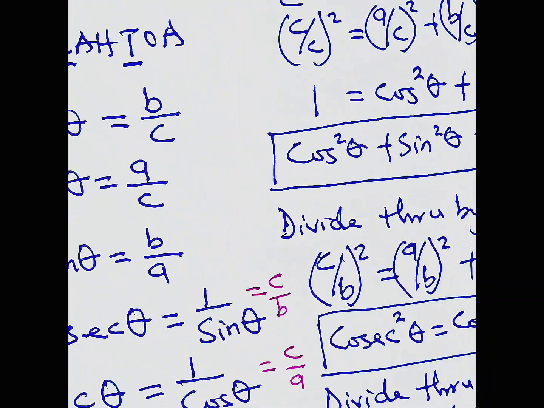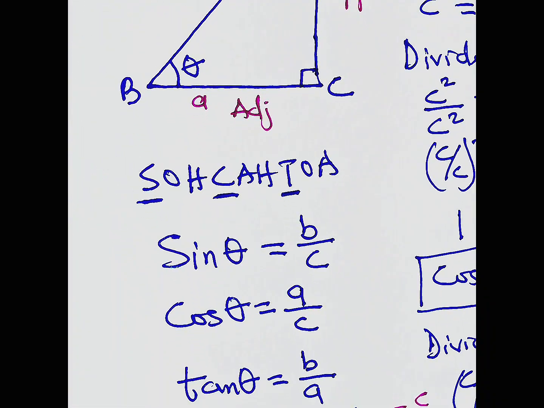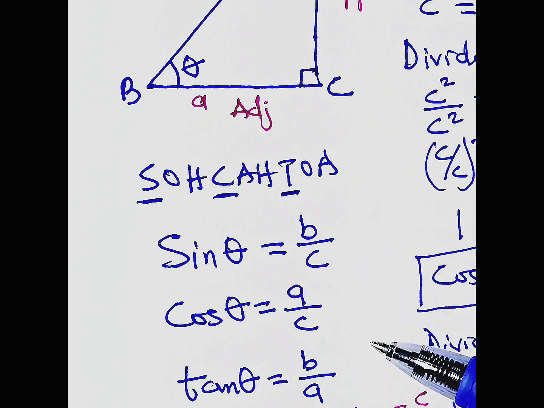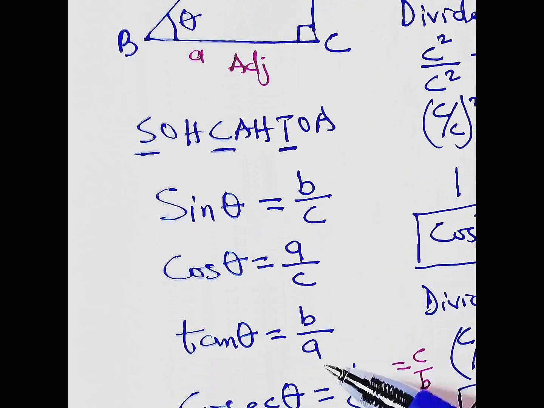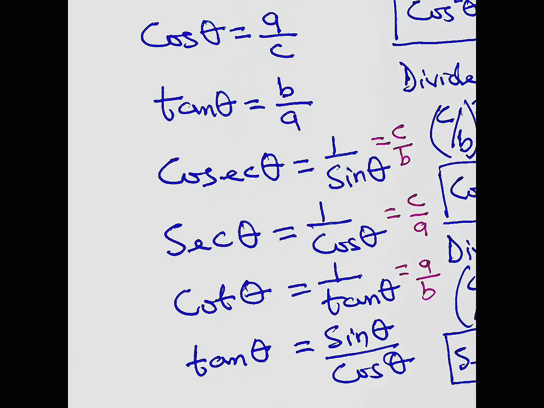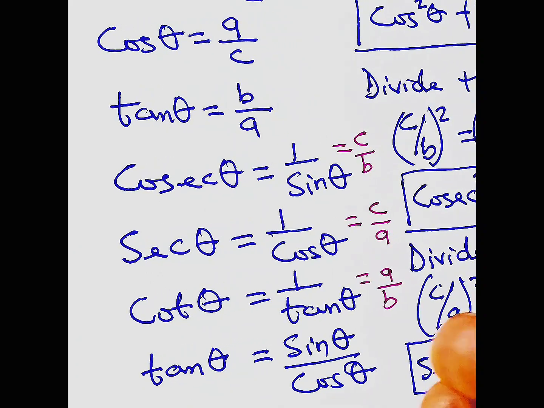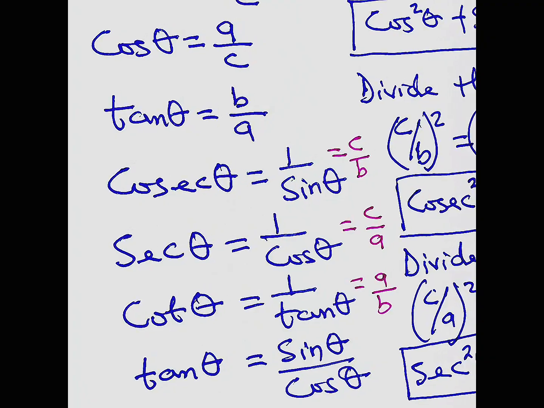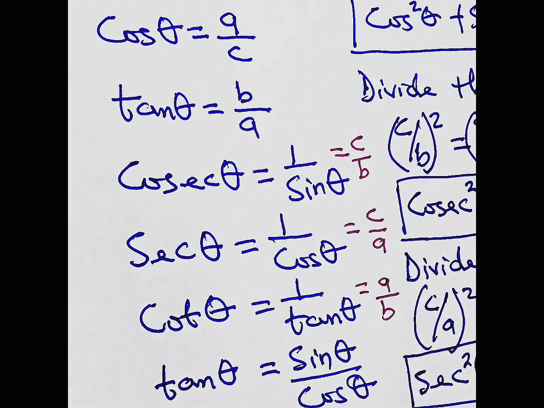So how many do we have now? We have 1, 2, 3, 4, 5, 6, 7. We've seen the derivative of cosec theta, sec theta, and cot theta, because those are the inverses of sin theta, cos theta, tan theta, respectively. And those are 7.